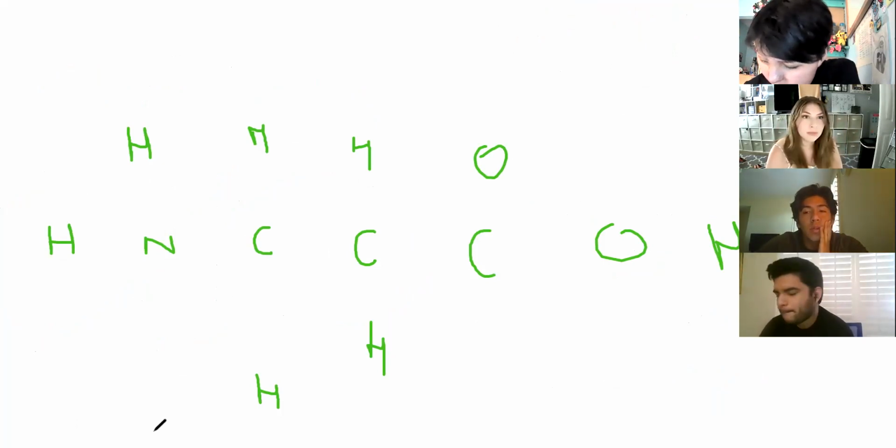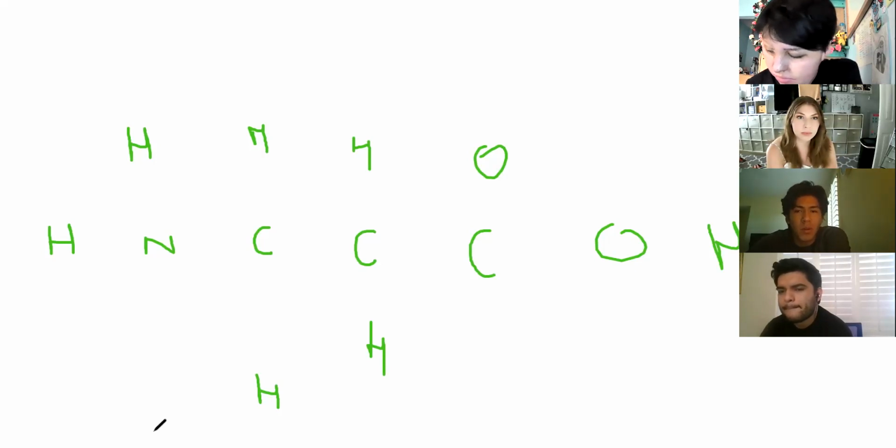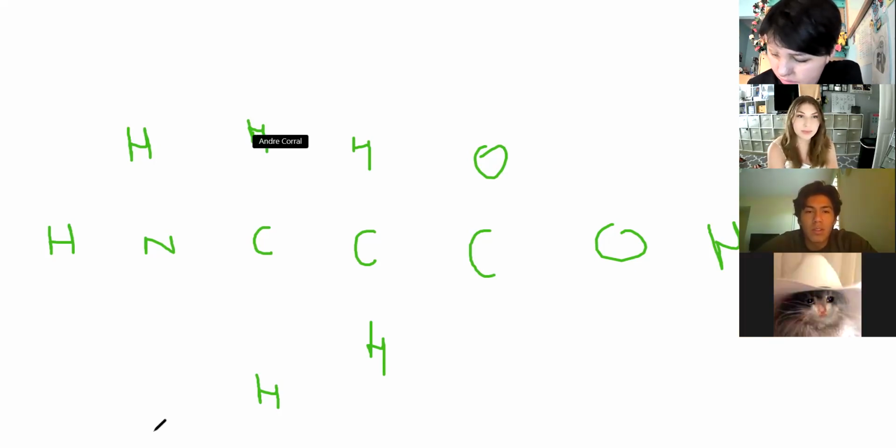For this one, this is where I also recommend knowing how many bonds something can make. For starters, carbon likes to make a certain amount of bonds. Does anybody know how many bonds carbon likes to make? 4, right? So you can see all the carbons and you can already fill them in.